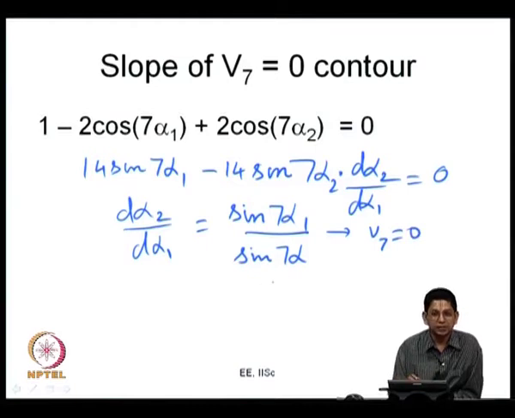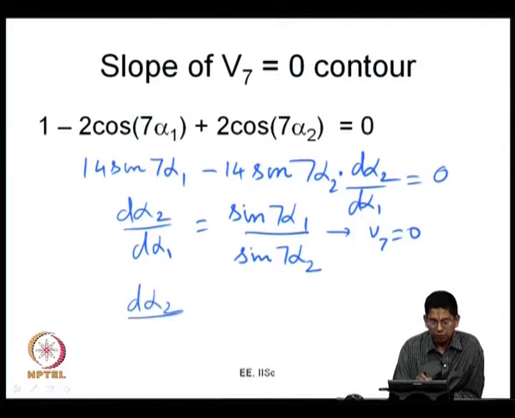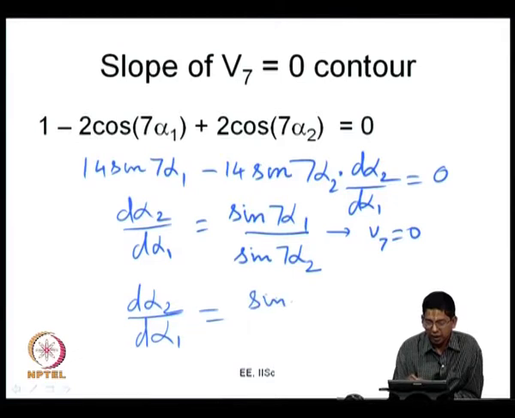So, you can see that it is very similar. What was it in the case of the V 5 equal to 0 contour? The slope of the V 5 equal to 0 contour we found was sin 5 alpha 1 by sin 5 alpha 2. Now, it is sin 7 alpha 1 by sin 7 alpha 2. So, you can very easily generalize. If you replace this with n alpha 1 and n alpha 2 for any nth harmonic, you will find that d alpha 2 upon d alpha 1 is equal to sin of n alpha 1 divided by sin of n alpha 2.